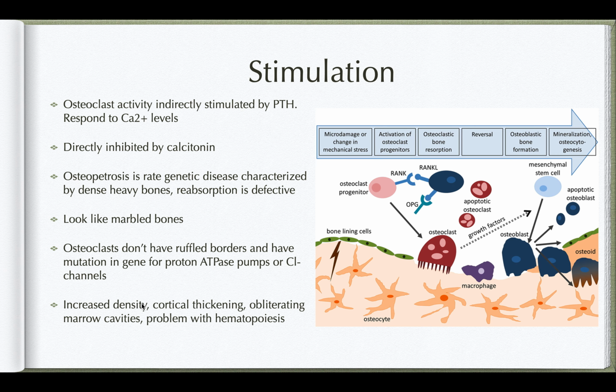So there's going to be increased density, cortical thickening, and obliterated marrow cavities because there's just too much bone deposition. The marrow cavity will get smaller and smaller, and that will lead to a problem with hematopoiesis because that's where all the cells are formed.